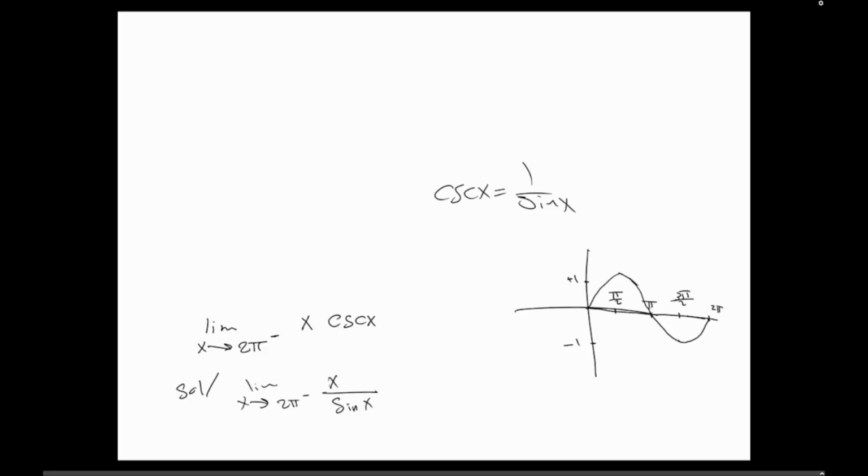What we're saying is that x approaches 2 pi from the left side. So this is 2 pi and we're approaching it from the left side, which means we're approaching it from this side. As you see, this value over here is minus 1. So all these values are negative.